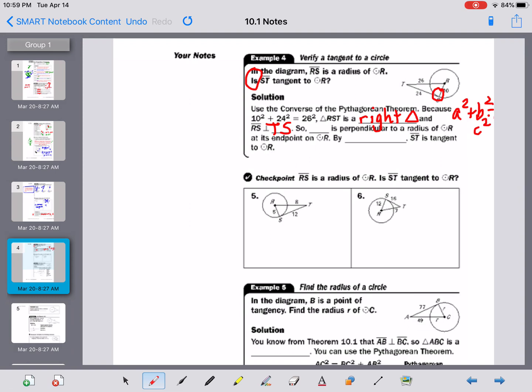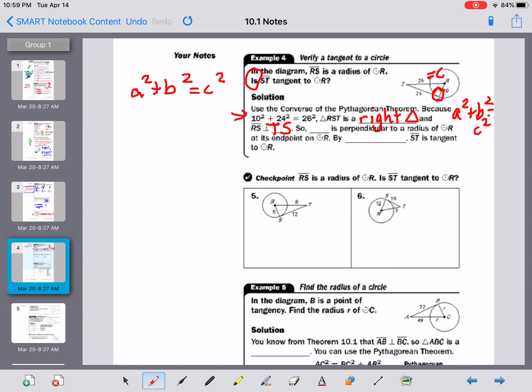So let's go ahead and do a little math here to see if this will work. I'm going to set it up in the margin so I can have a little more room. Remember when we do the Pythagorean Theorem, our c always needs to be our hypotenuse, or our longest side. So we would like S to be the right angle, so we would like our c to be 26.